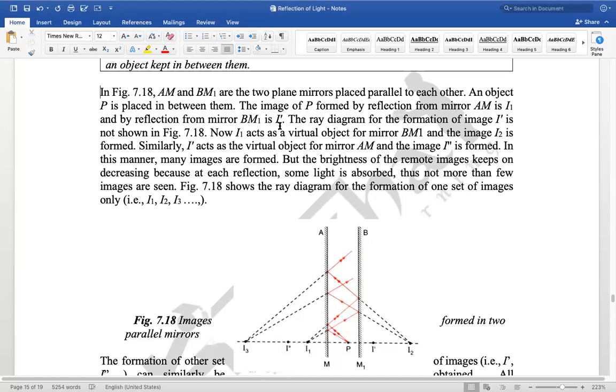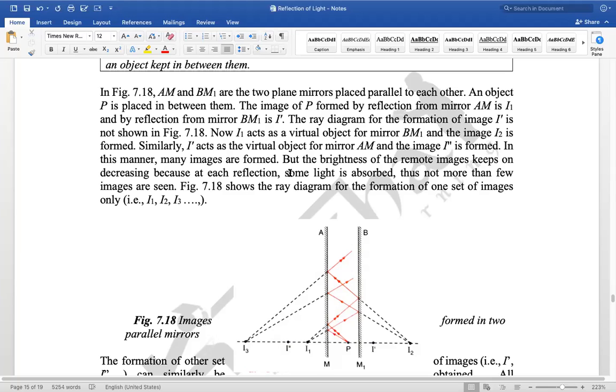The ray diagram for the formation of image I dash is not shown. Now I1 acts as a virtual object for the mirror BM1, and the image I2 is formed. Similarly, I dash acts as a virtual object for the mirror AM and the image I double dash is formed.